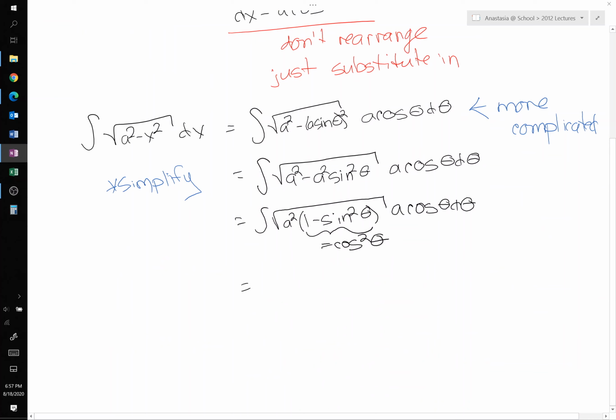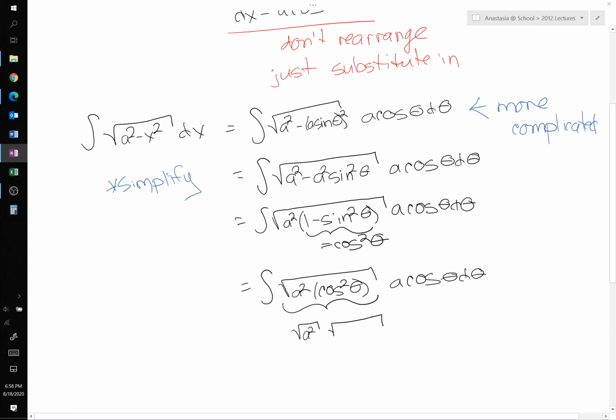So what that means then is we have the integral of the square root of a squared times cosine squared theta, a cosine theta d theta. So now we can rewrite the square root, since it's a product of terms, as the square root of a squared times the square root of cosine squared theta, which both simplify to a and cosine theta.